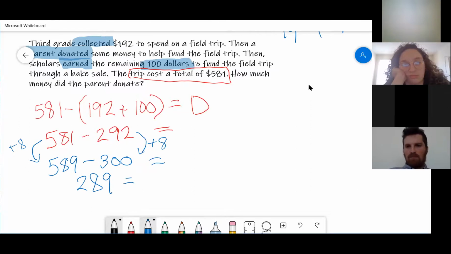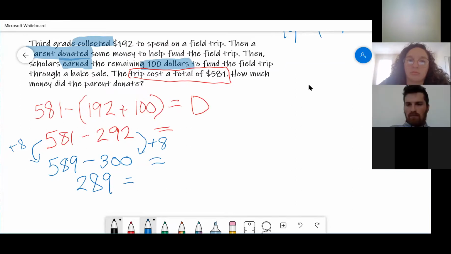Did you get 289 using the constant difference? I know a couple of us in my group were really thinking about using the constant difference. Now, something I want you guys to all notice about what Alvinique just shared is that it's really important to make sure the way you're showing your work, okay?